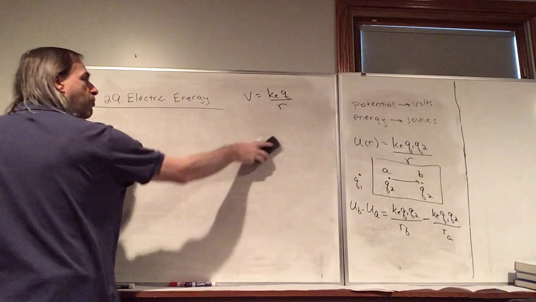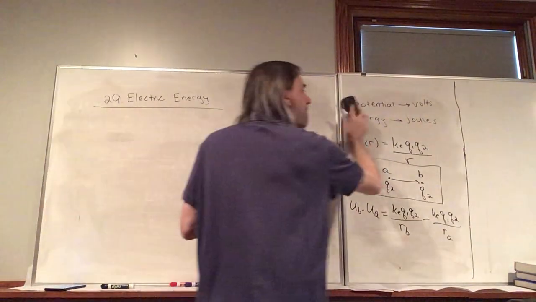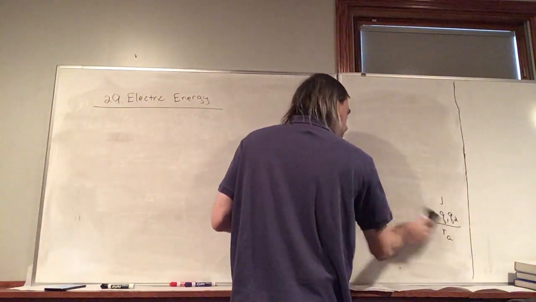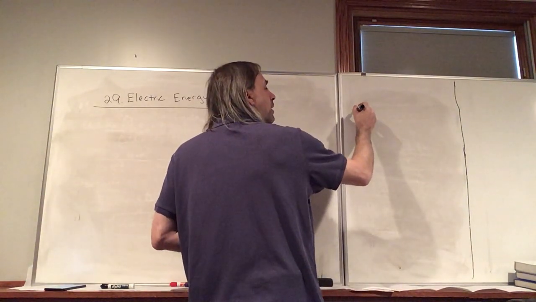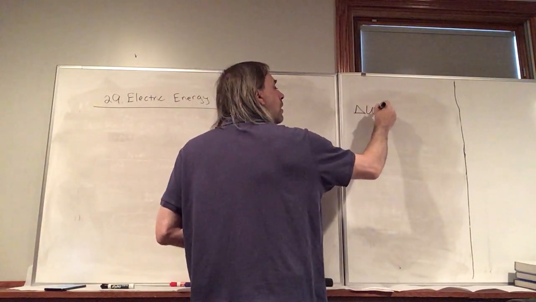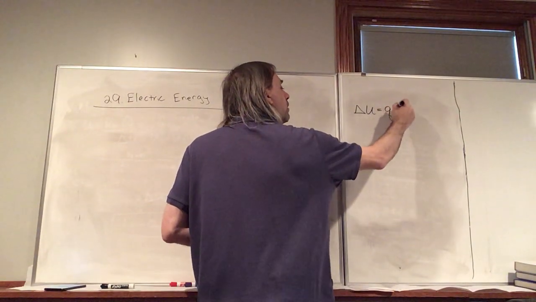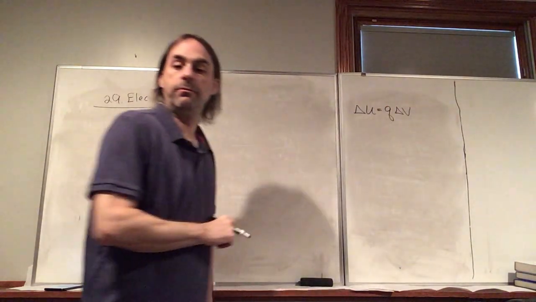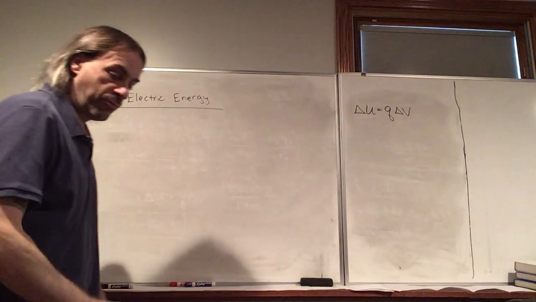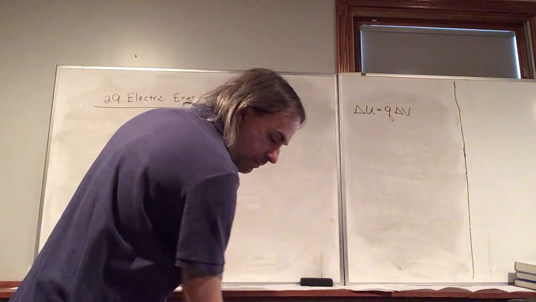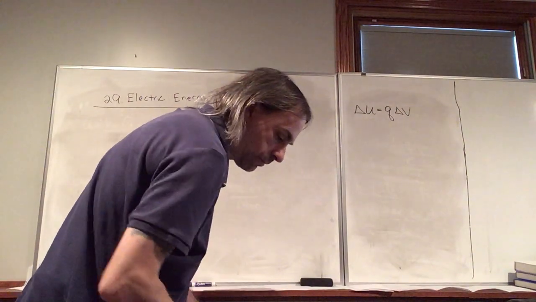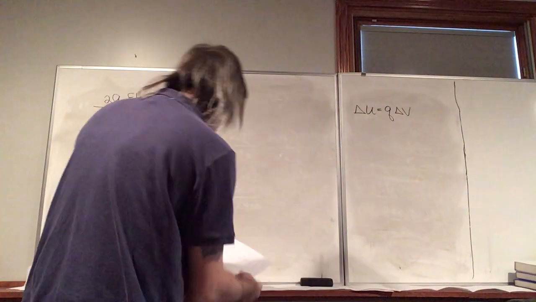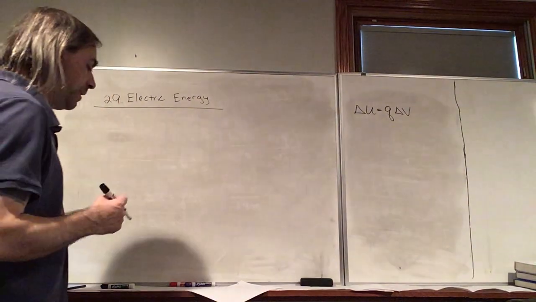Now I want to do a problem. I'm going to write this down. We've got delta U is Q delta V. Okay, so I want to do a problem. I'm going to draw this.